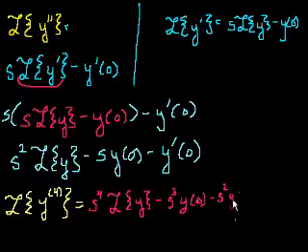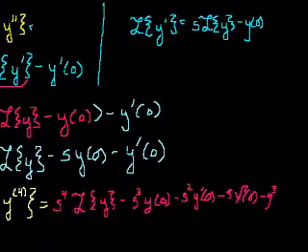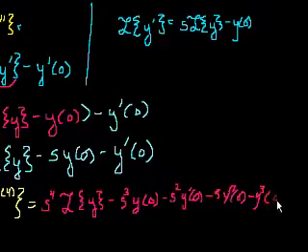So y prime of 0 minus, now we lower the degree one more, minus s times y prime prime of 0. We have one more term, lower the degree on the s one more time, then you get s to the 0, which is just 1. So minus, and 1 is the coefficient, and then you have the third derivative of y evaluated at 0.